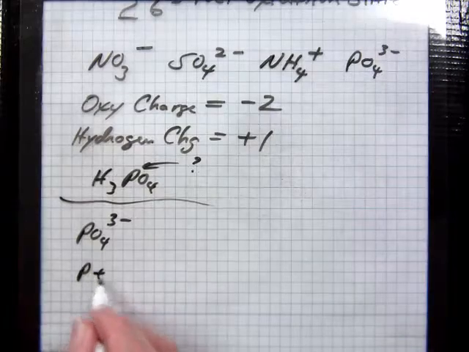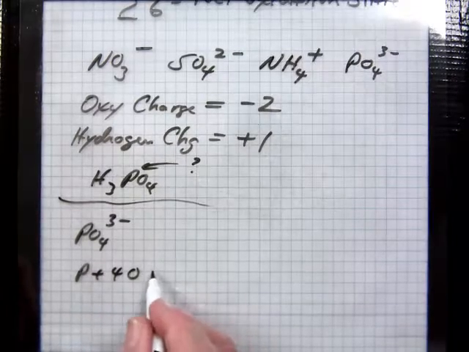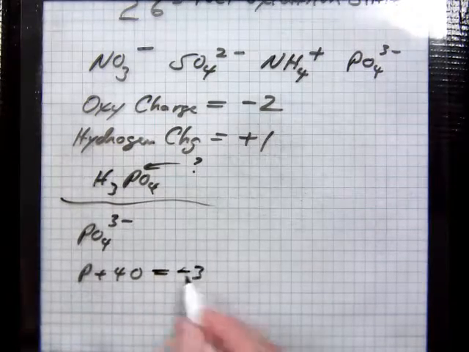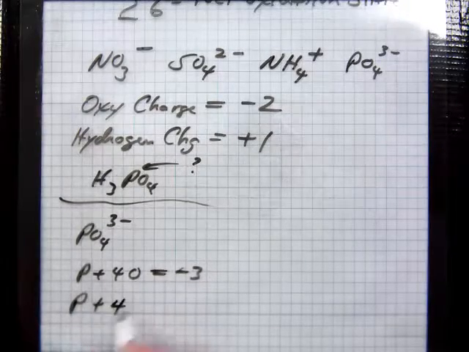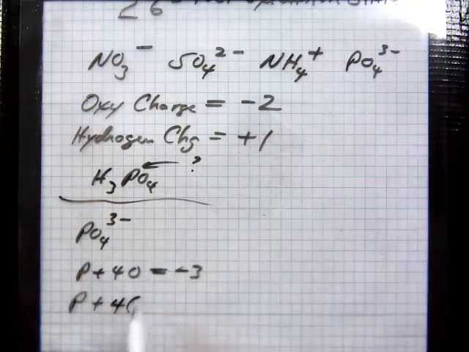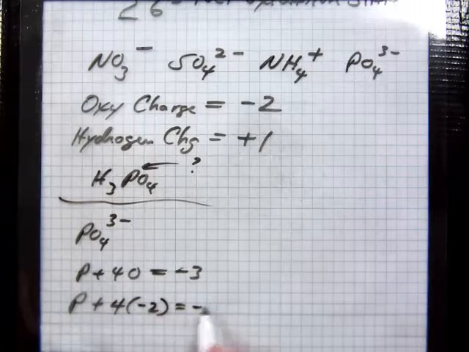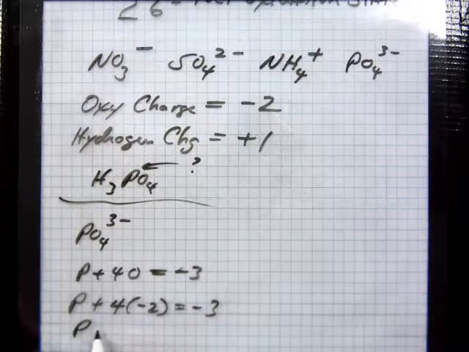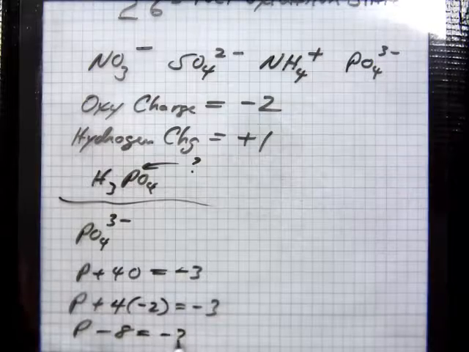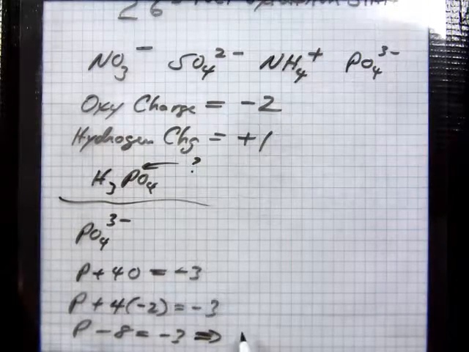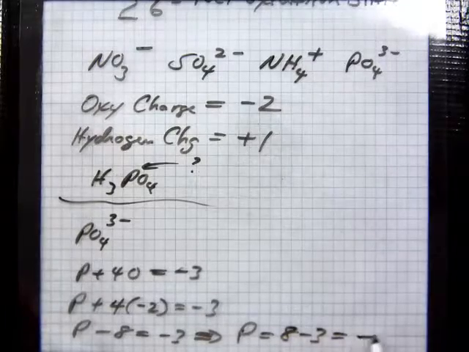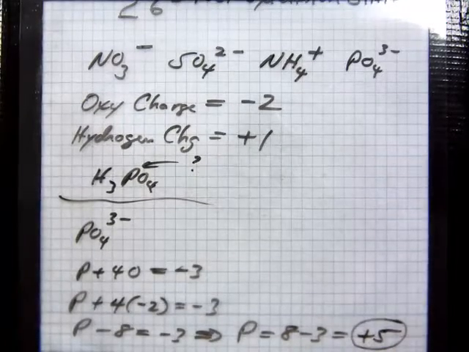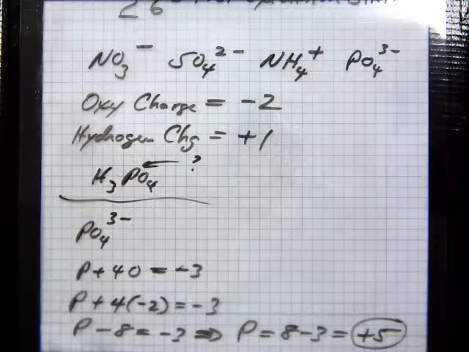P plus 4 oxygen charges is equal to a -3. Well, make it an equation. Phosphorus is the unknown. Oxygen is always a -2. So now you've reduced it to that. So phosphorus - 8 equals -3. And that gives you phosphorus equal to 8 minus 3, or, believe it or not, a +5 oxidation state in that element.